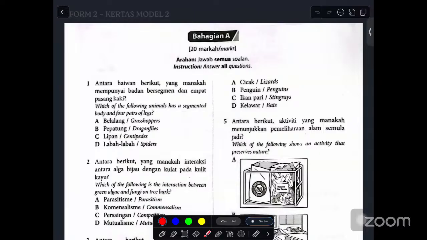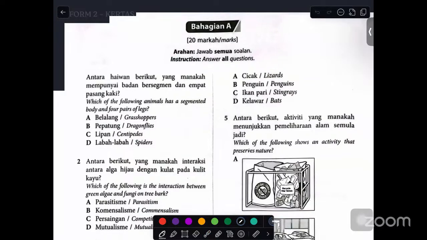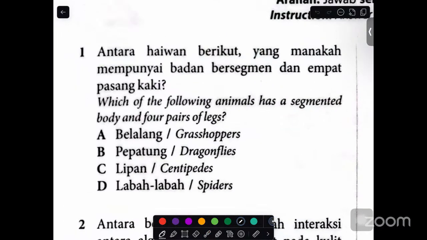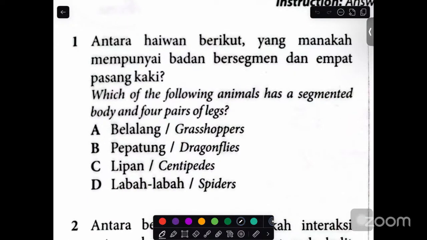Do it respectfully. And don't talk unnecessary things in the class. Don't spam. Okay, shall we start? Semua dah dapat material? Ready tak? Just put ready, so teacher knows how many of you are here. Okay, nice. Jom kita start.